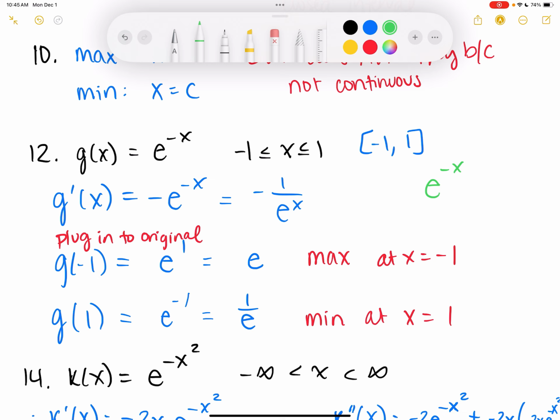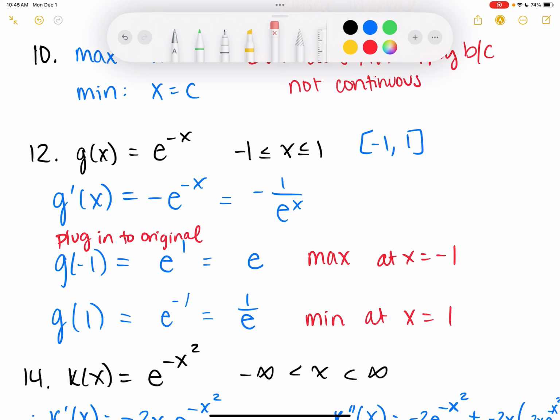Plug in negative 1, I would get e to the 1. Plug in 1, get e to the negative 1. Yeah, that's why the second derivative doesn't work with this one, because it doesn't give you 1 is greater than 0 and 1 is less than 0. So we have to use the other method. Okay.